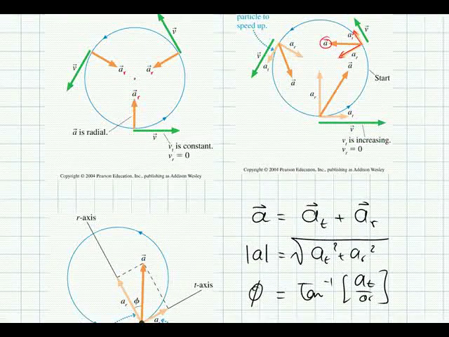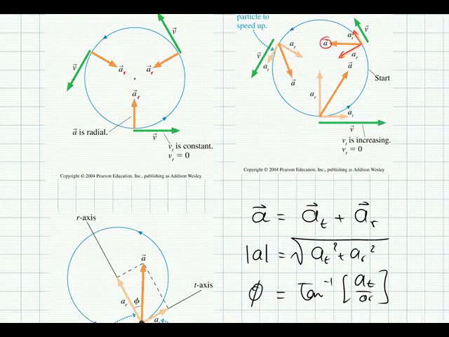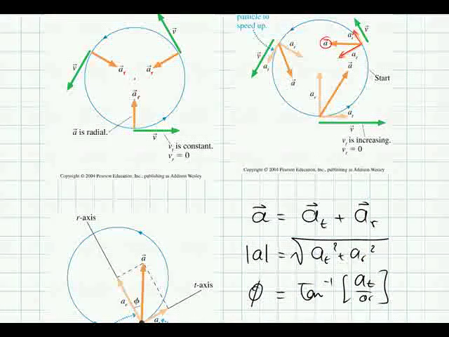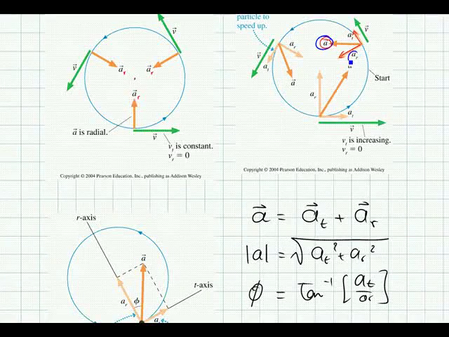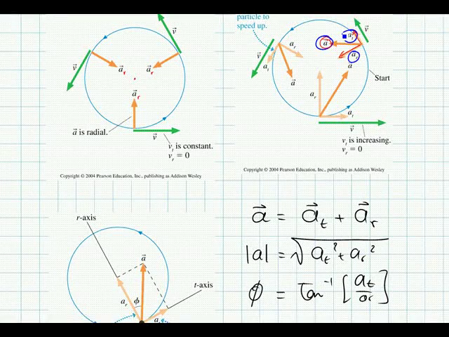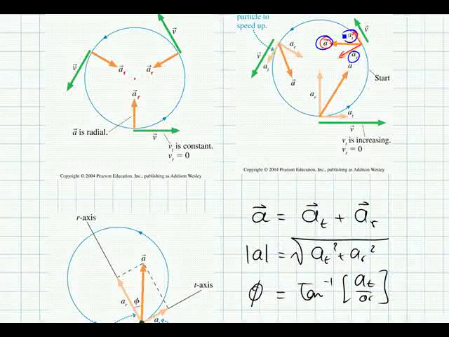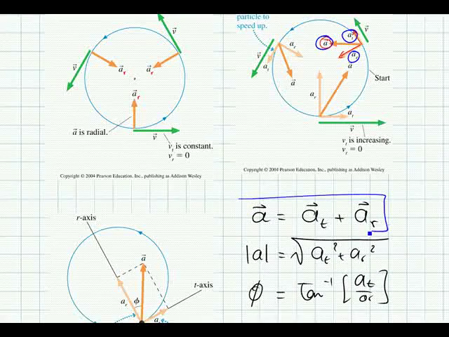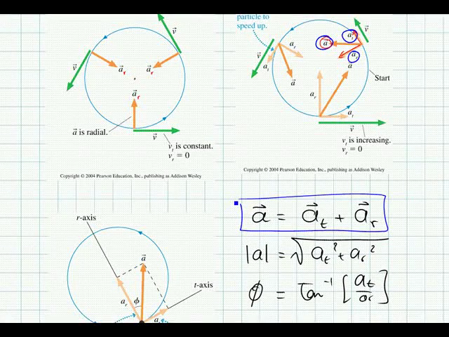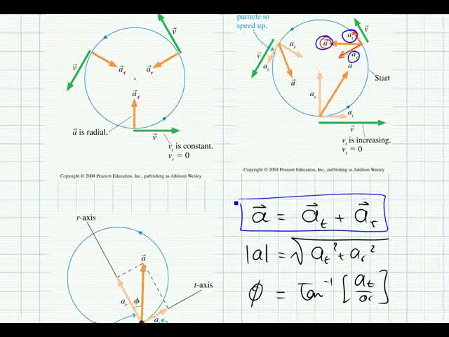Okay, now going back to what we said a minute ago as far as non-uniform circular motion, now the acceleration vector a here was made up of the radial component and the tangential component. Vectorially, that's a vectorial equation for it, of course. a is equal to a_t plus a_r.